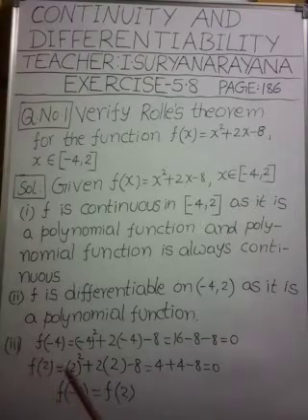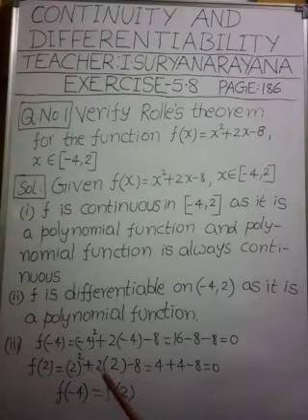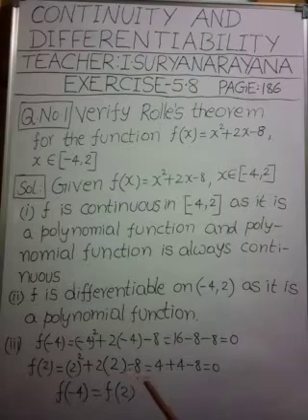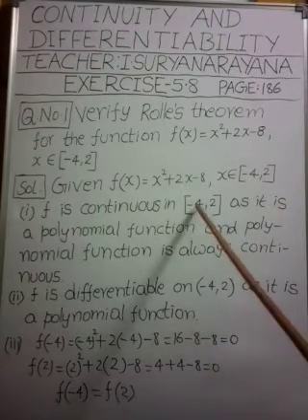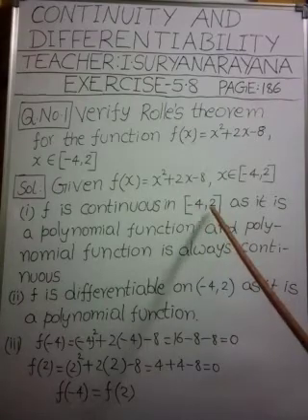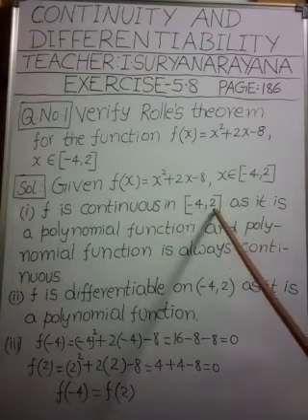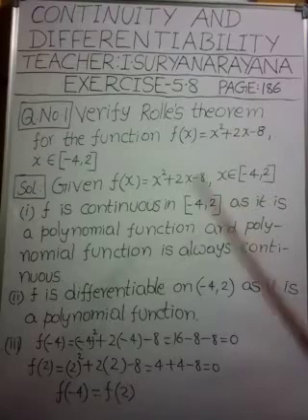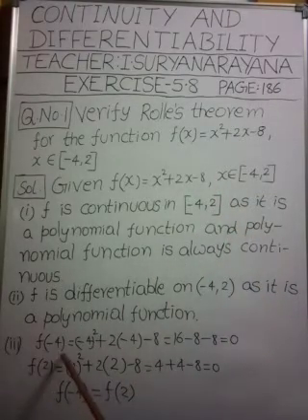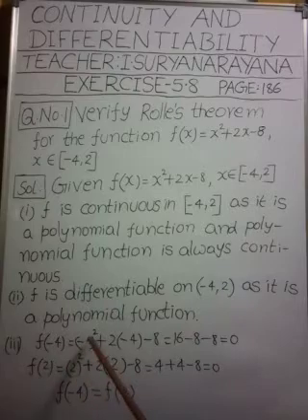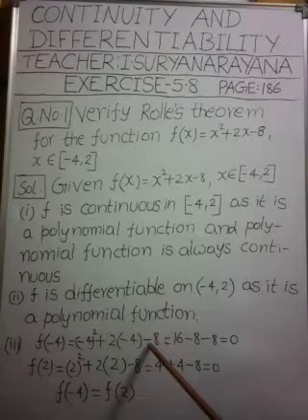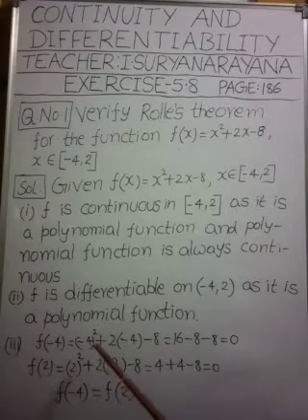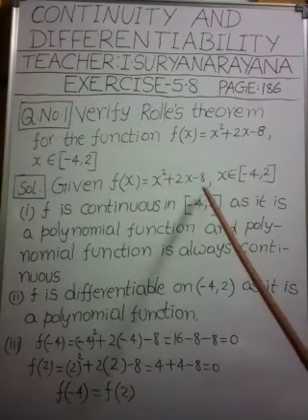Now come to the third condition. What is the third condition? f(a) = f(b). Both should be equal. What is a here? −4. What is b here? 2. a means the first number, b means the second number in this interval. So let us find f(a), that is f(−4) = (−4)² + 2(−4) − 8. We substituted x = −4 in this function.